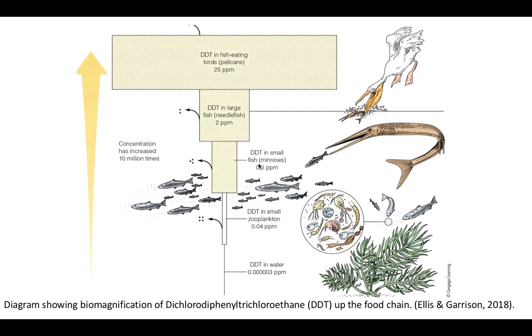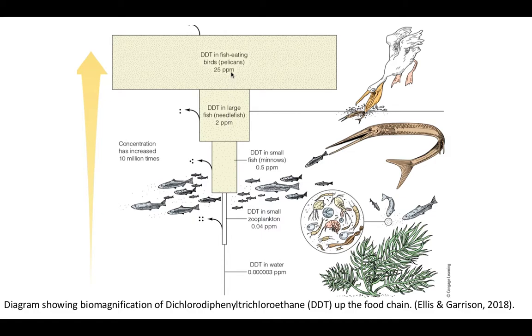When a fish consumes that zooplankton, it is going to absorb all that DDT that was present in the zooplankton, and it is going to concentrate it in its tissues. So as this goes on up the food chain, you can see that the parts per million of this toxin is increasing.